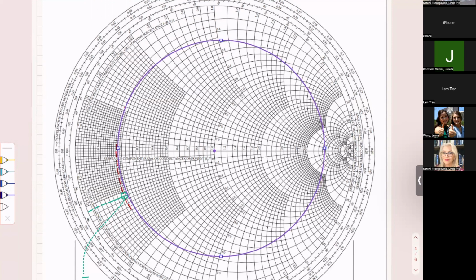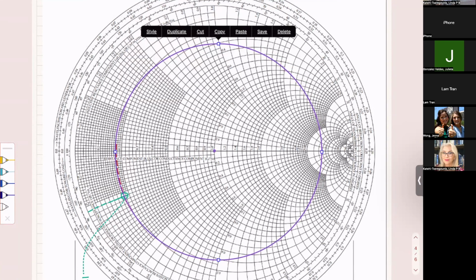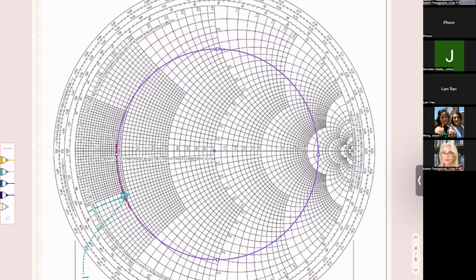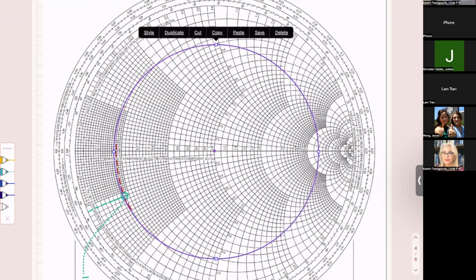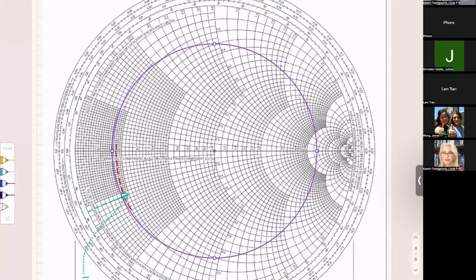Okay, like this. Okay, a little bit inwards.